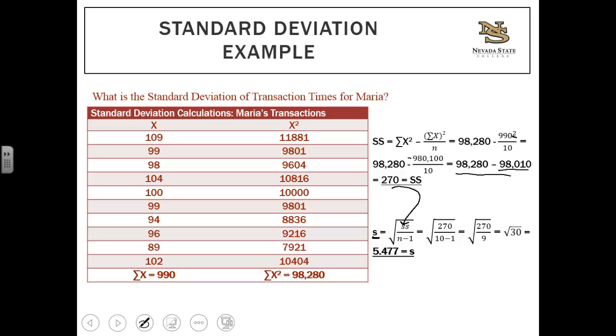I'm left with 270 divided by 9, square root of that. 270 divided by 9 is 30, square root of 30, 5.477. That is my standard deviation. So, on average, Maria's transaction time varies by about 5.477 seconds. So she's pretty darn consistent. Not a whole lot of variation in her transaction times.